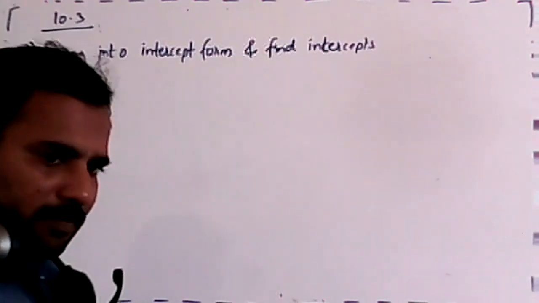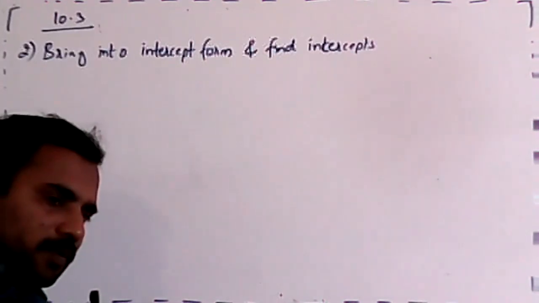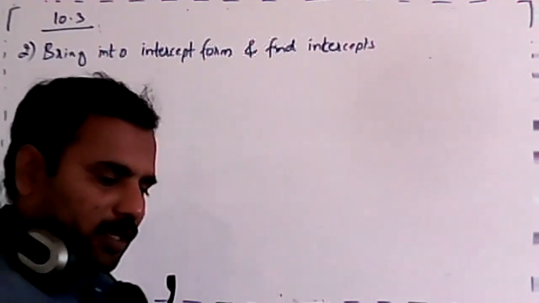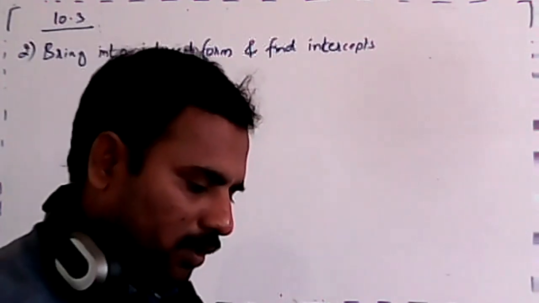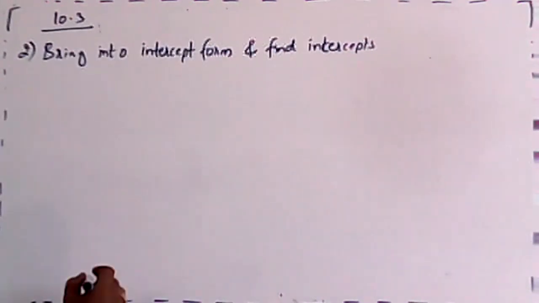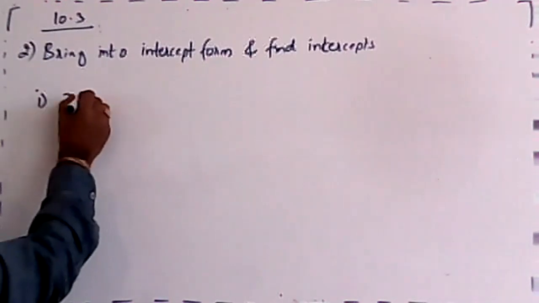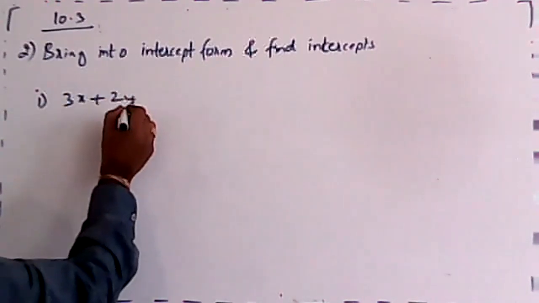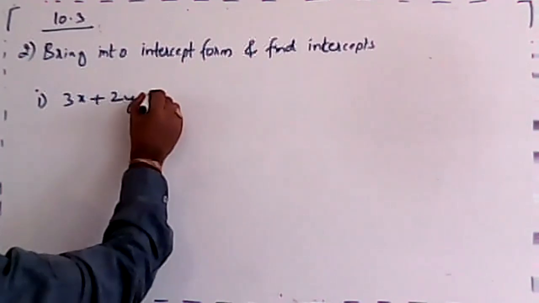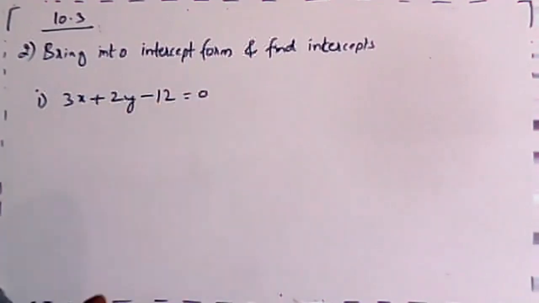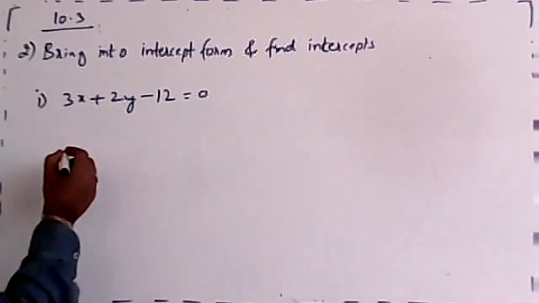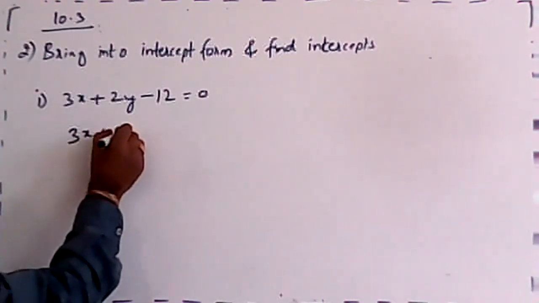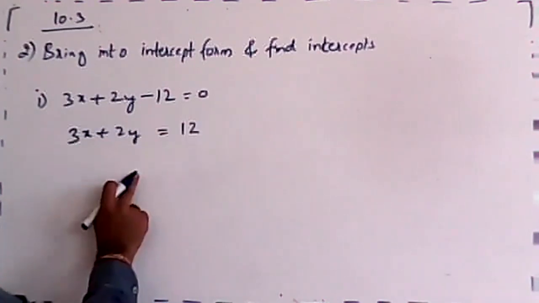You know that x by a plus y by b is equal to 1. That is the intercept form. In the same way, you have to bring it. Let me take the first one: 3x plus 2y minus 12 is equal to 0. Correct? Then write 3x plus 2y is equal to 12.